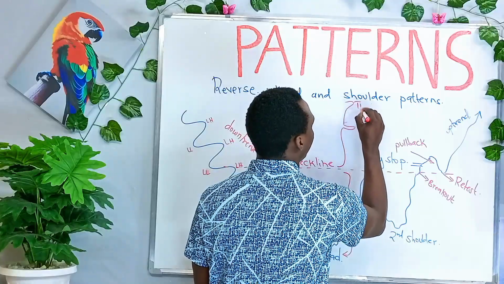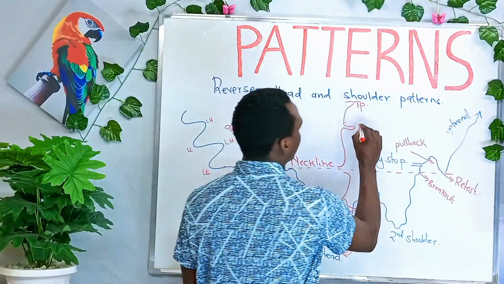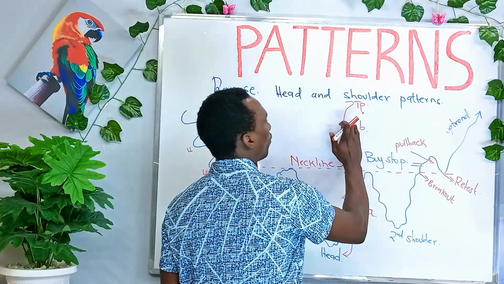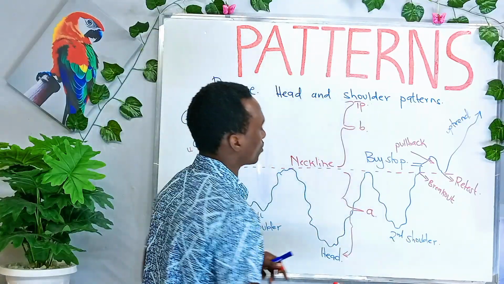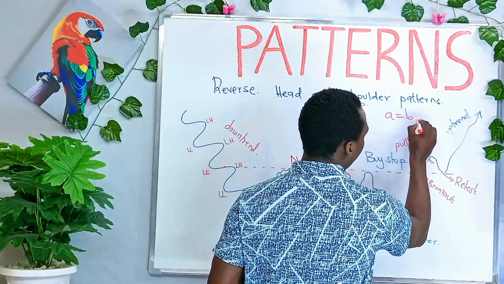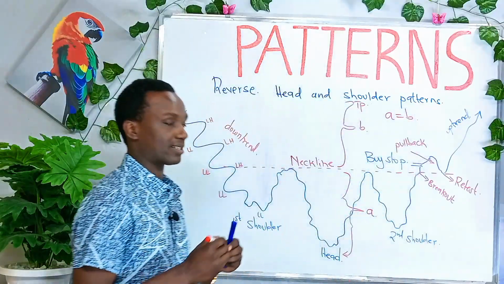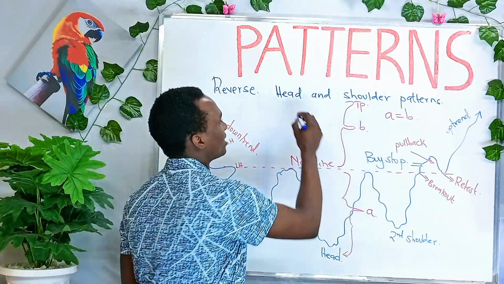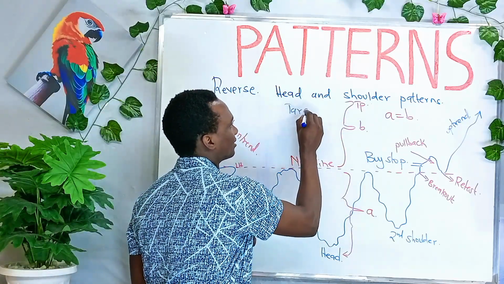So let us say here we have our TP and this distance is B. So for you to know where you will exit this position, the pip difference in A should be equal to the pip distance in B. That is in calculating our target.